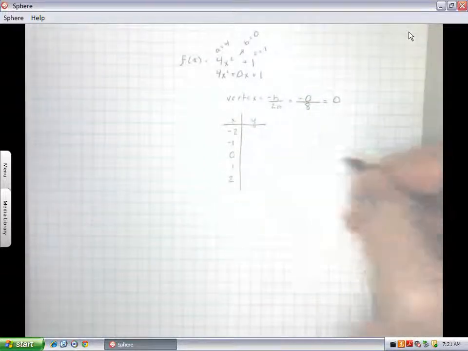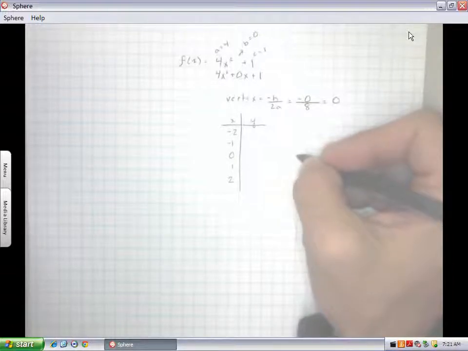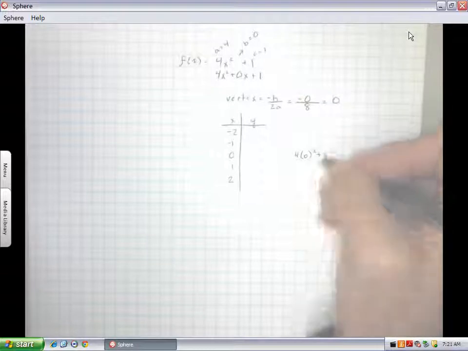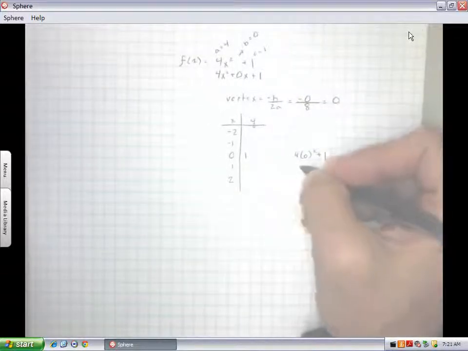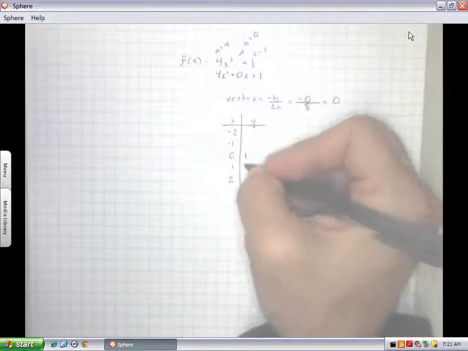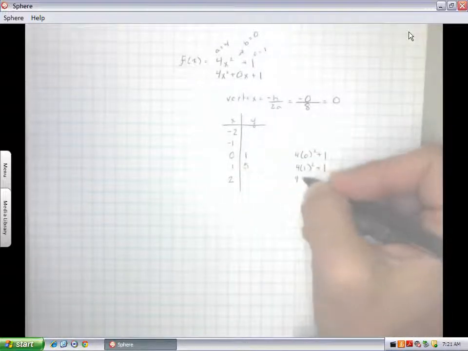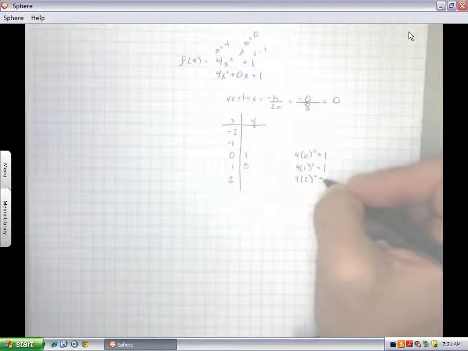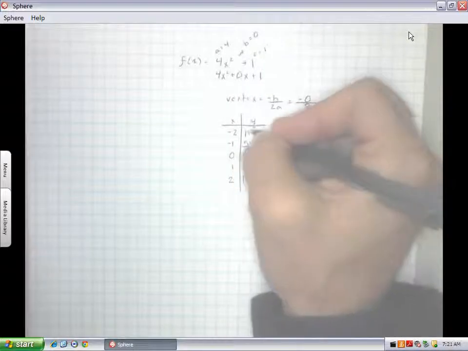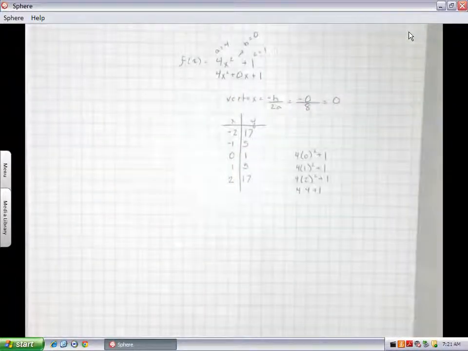So I'll plug in 0, so 4 times 0 squared plus 1 gives me 1. I'll plug in 1, 4 times 1 squared plus 1 gives me 5. Now I'll plug in 2, 4 times 2 squared plus 1, that's 4 times 4 plus 1, 17. Same thing on the other side. So that's my shortcut to graphing parabolas.